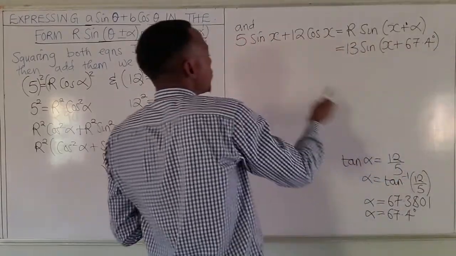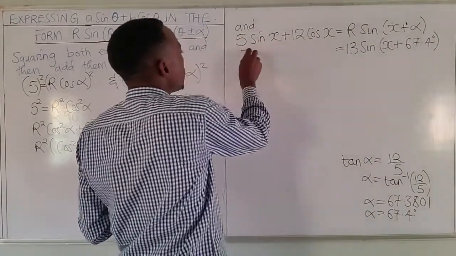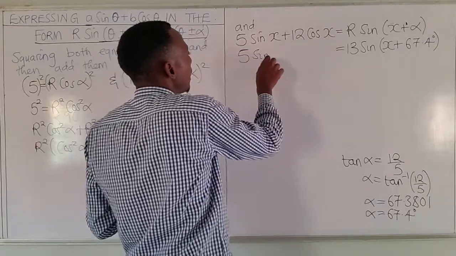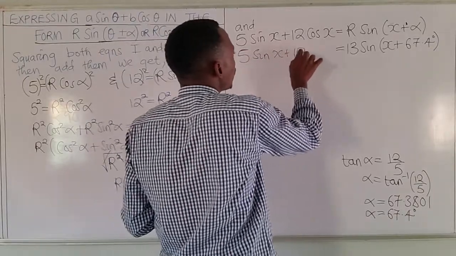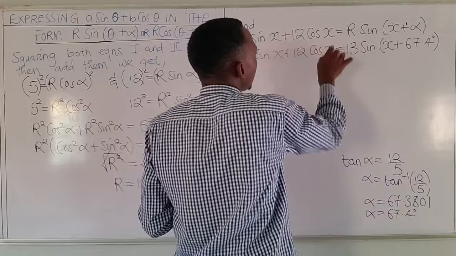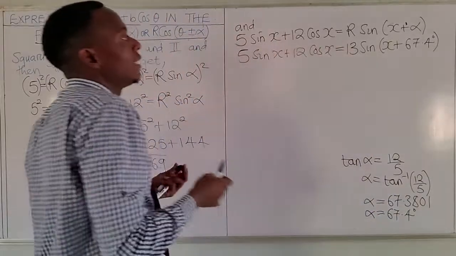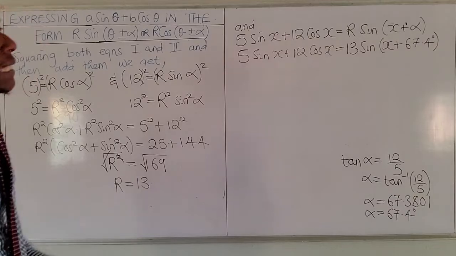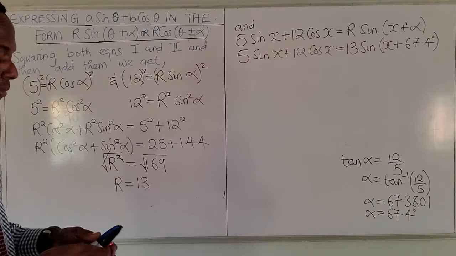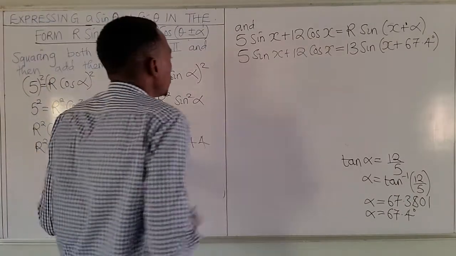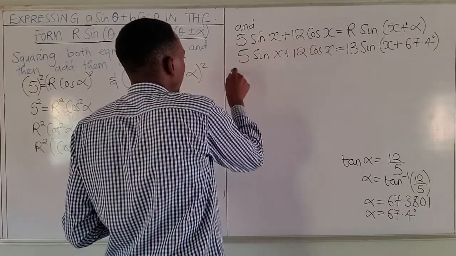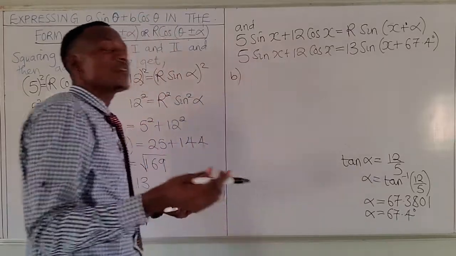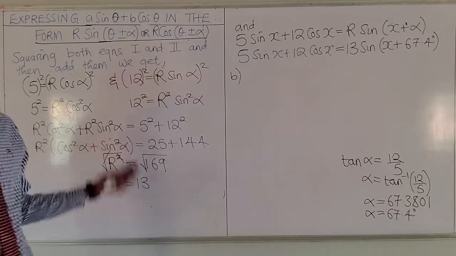So therefore, we have expressed 5 sine x plus 12 cos x in the form r sine of an angle x plus alpha. So now from here we go to question B, where we have been asked to find the maximum value of this particular function.